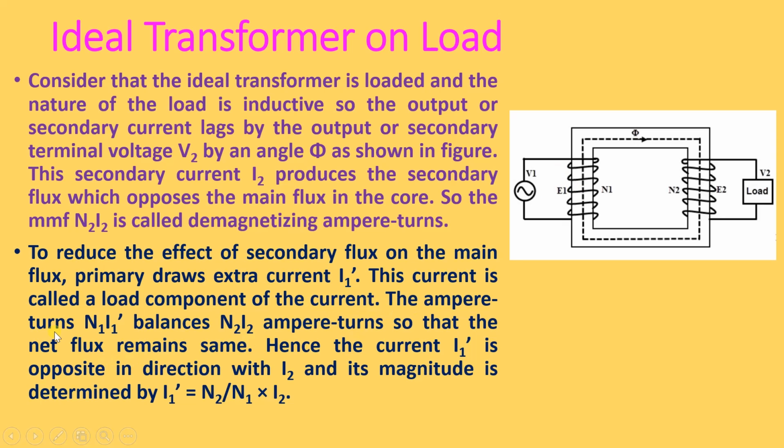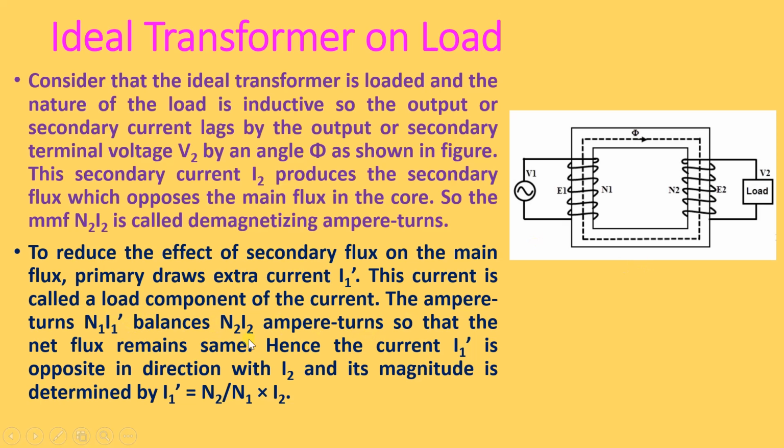The ampere turns N1 I1 dash balance N2 I2 ampere turns, so that the net flux remains the same. It means that the flux produced here, which opposes the main flux, is N2 I2, and the same flux is produced on the primary side because of the extra flow of the current I1 dash, and this is N1 I1 dash.